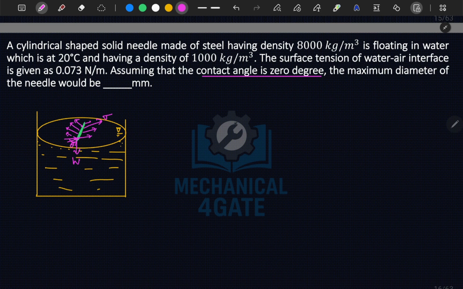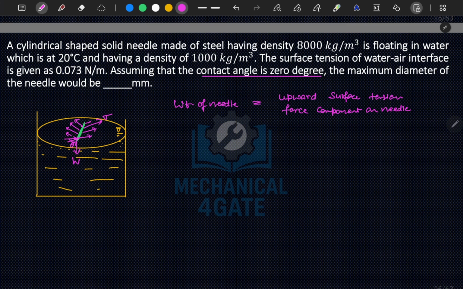So we can say that W, the weight of the needle, is equal to the upward surface tension force component on the needle.